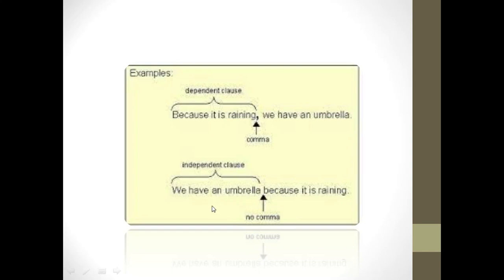A comma is used to separate one clause from another. So "we have an umbrella" is an independent clause. Now I hope the picture is clearer to you: an independent clause does not need any extra information and can stay alone, and a dependent clause needs some extra information to complete its sense. Otherwise it does not express a complete thought.